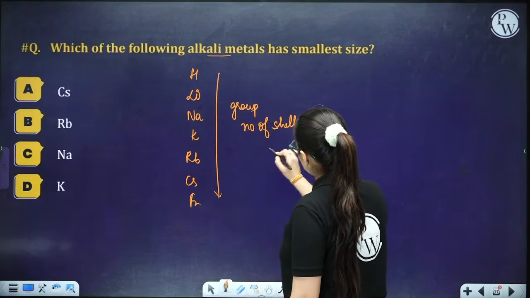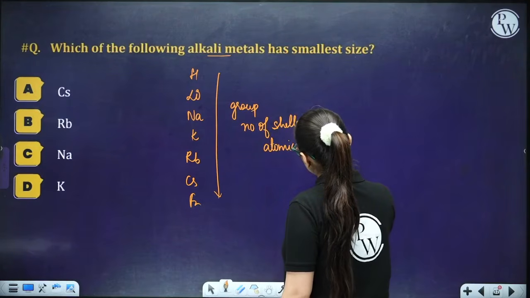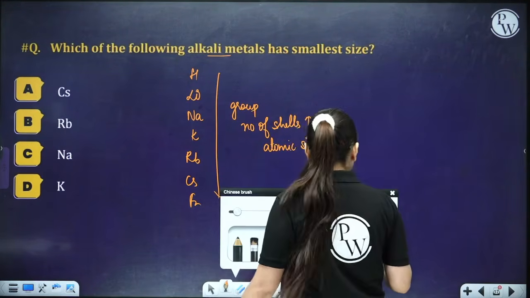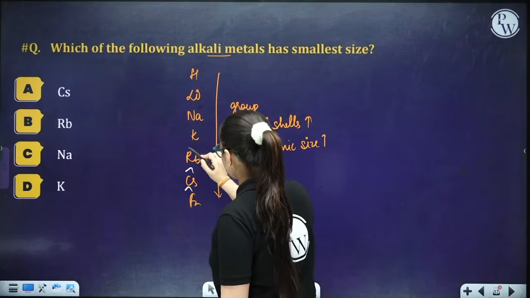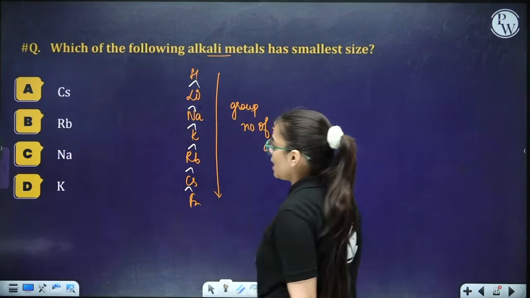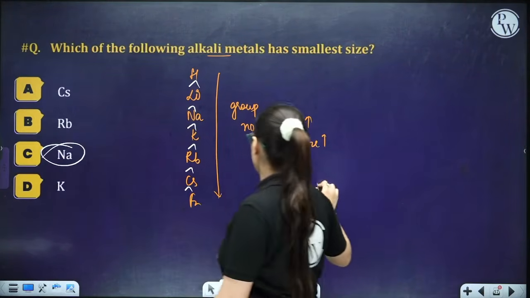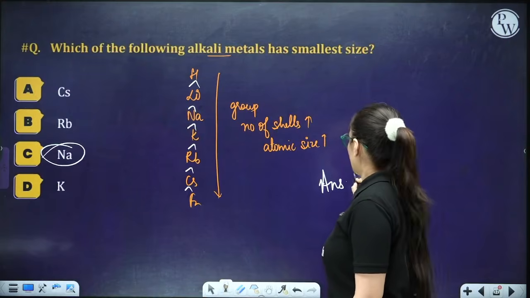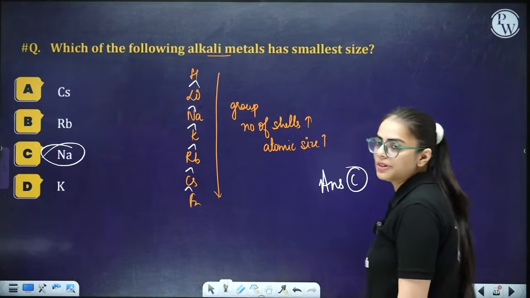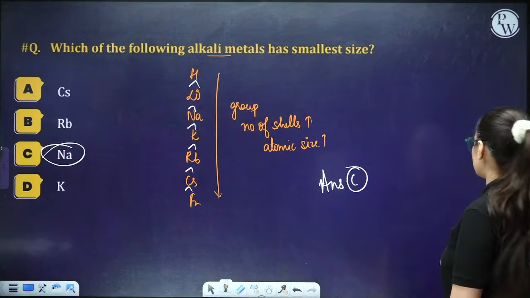If number of shells are increasing, atomic size will also increase. Ma'am, if atomic size is increasing, so this is going to be the order. So the least one will be hydrogen. Is hydrogen there? No. Lithium there? No. Then we have sodium. So answer here comes out to be option number C. Clear, everyone? Smallest size. Clear? Let us see the next question now.